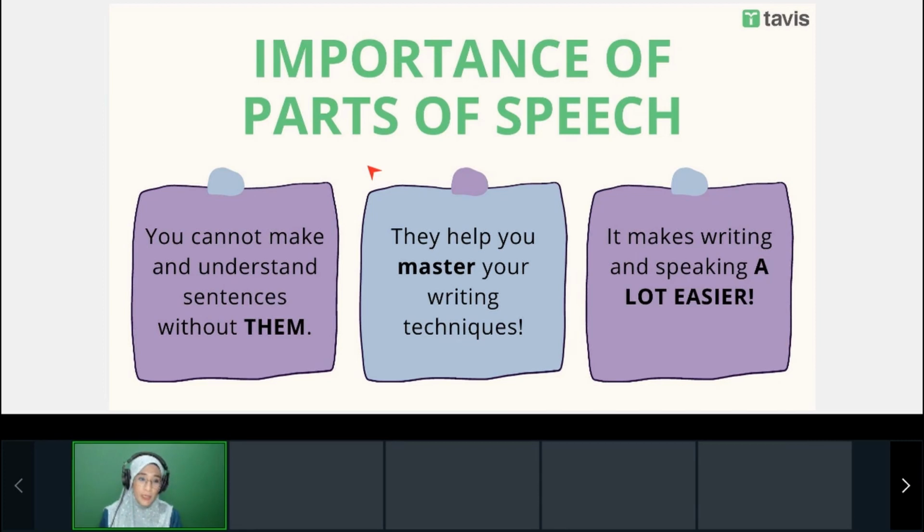Okay, so the importance of parts of speech. You cannot make and understand sentences without them. Definitely. If you are going to tell someone something, you need at least a word to tell them. Say you met a stranger who is actually a foreigner, and she is lost and asking you for directions.